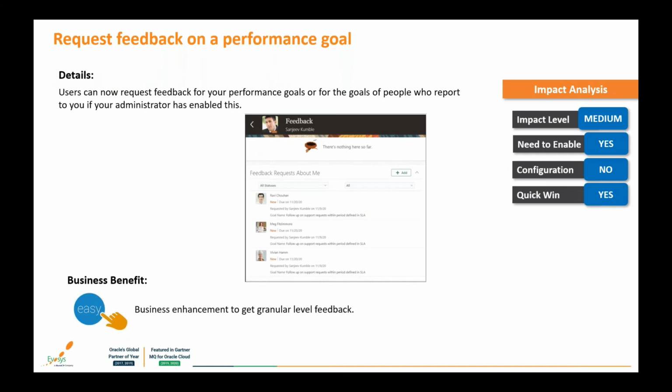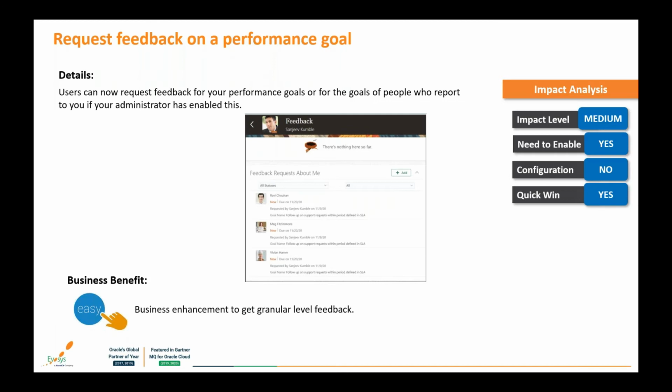and the employees can request their peers, their matrix managers, to give feedback to those goals. And once you request a feedback, the particular peer or the matrix manager, whomever you're requesting, will receive a notification and they will provide a feedback, and in turn the employees will receive a submission or confirmation notification that the feedback has been submitted.